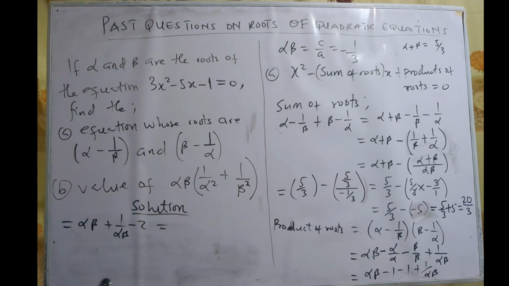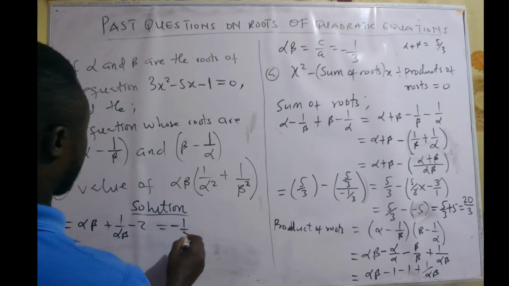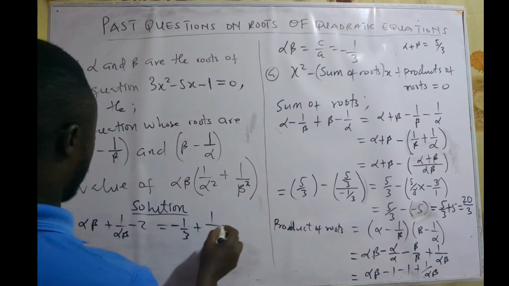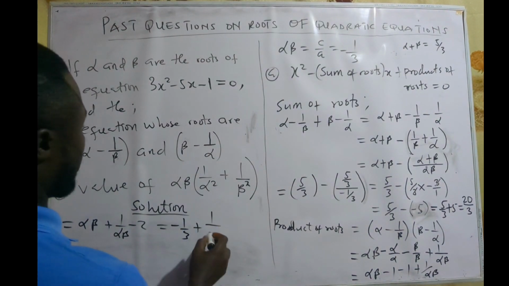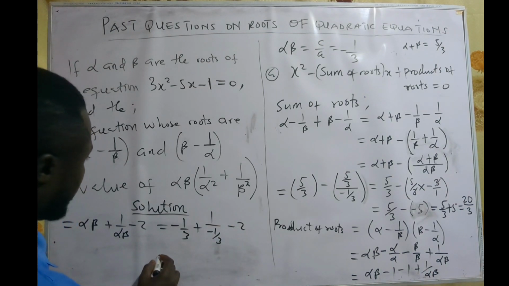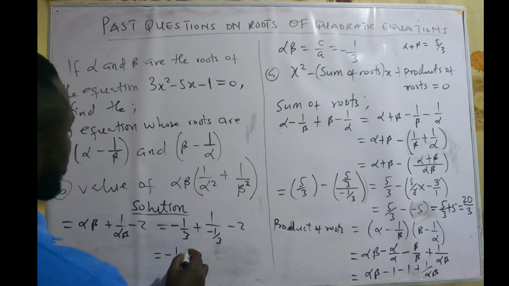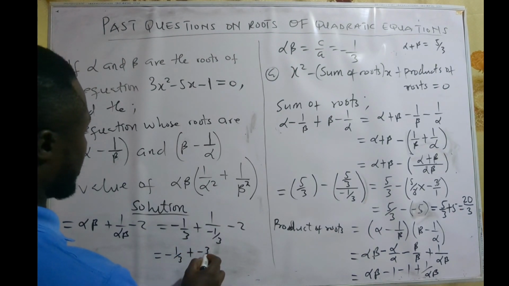What is my alpha beta? I had my negative 1 on 3, plus 1 over the same alpha beta, minus 1 on 3, minus 2. Okay, so this was going to give us minus 1 on 3. So when you reciprocate, we come on minus 3 on 1, minus 2.